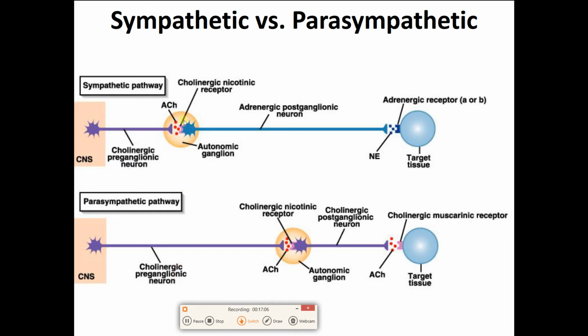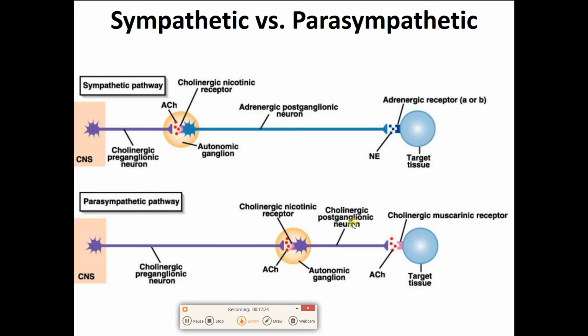The site of the synapse actually occurs at a structure called the autonomic ganglion. Remember, a ganglion is a cluster of cell bodies. That's where our second neuron begins. Now, our second neuron is known as the postganglionic neuron.